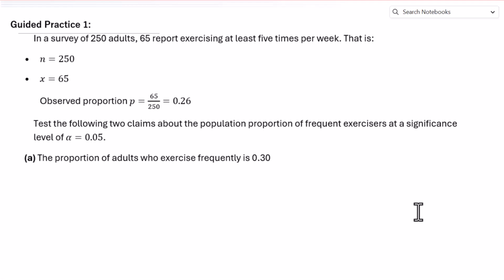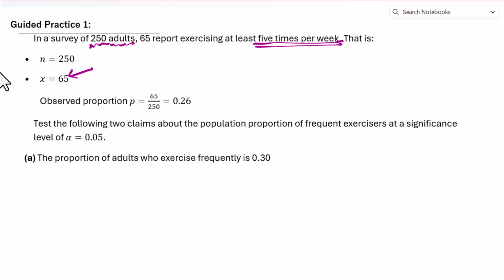In a survey of 250 adults, 65 report exercising at least 5 times per week. That is n equals 250. X equals 65. This is our X statistic.